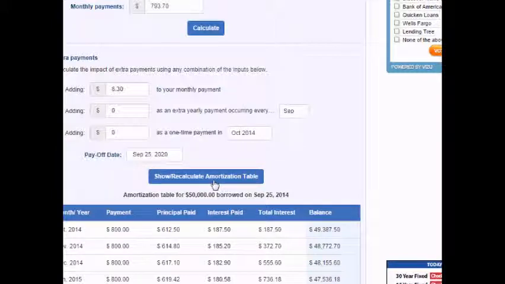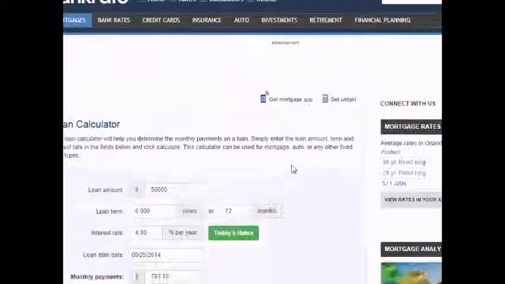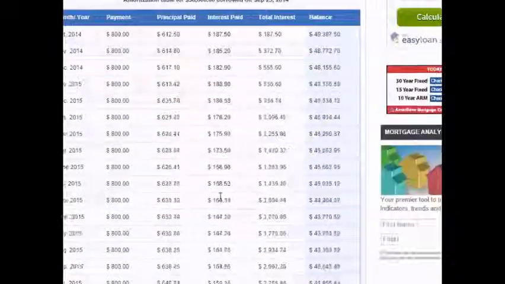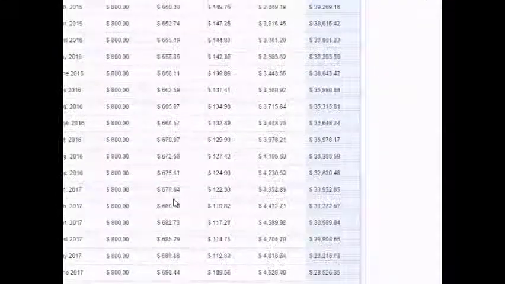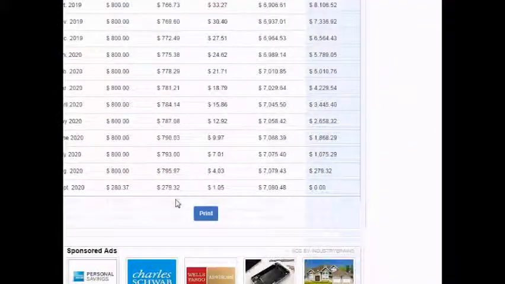No, it didn't change it. Okay, but it did calculate. And your last payment ends up only being $200 instead of $800. So that's what happens, it took it off the last payment.